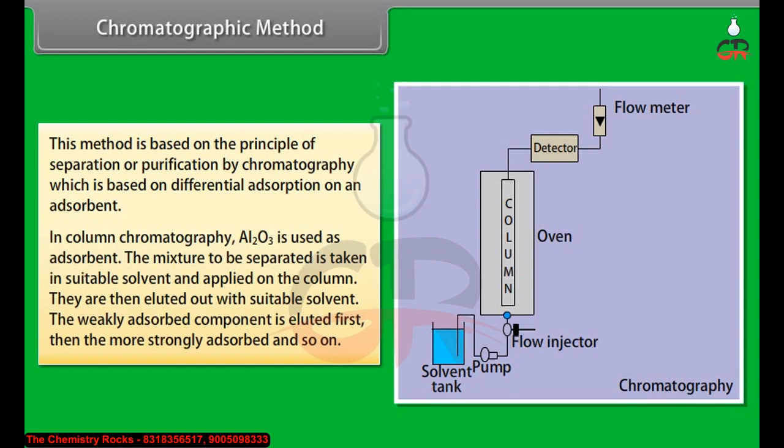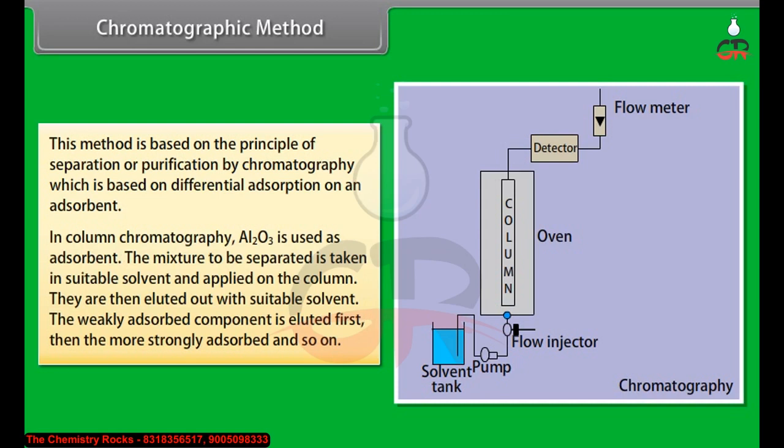They are then eluted out with a suitable solvent. The weakly adsorbed component is eluted first, then the more strongly adsorbed, and so on. This method is suitable for such elements which are available only in minute quantities and the impurities are not very much different in their chemical behavior from the element to be purified.